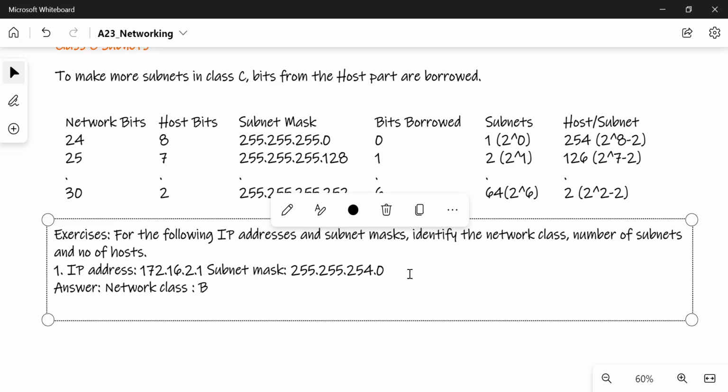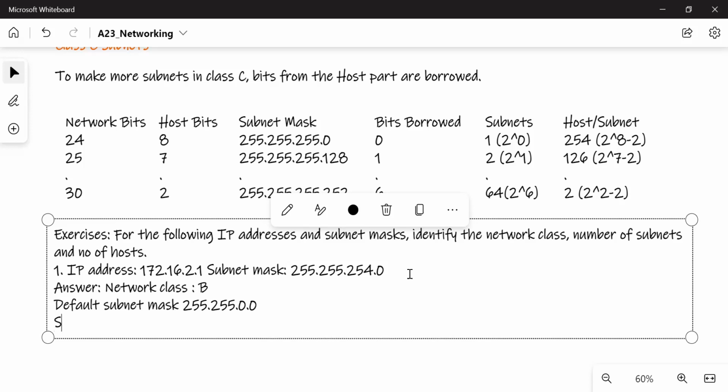So now what we have been given here is 254. When you are given 254, you can see how many bits you have used. So the number of subnets we want to look at in this particular case is how many bits are borrowed. The default subnet mask is 255.255.0.0.